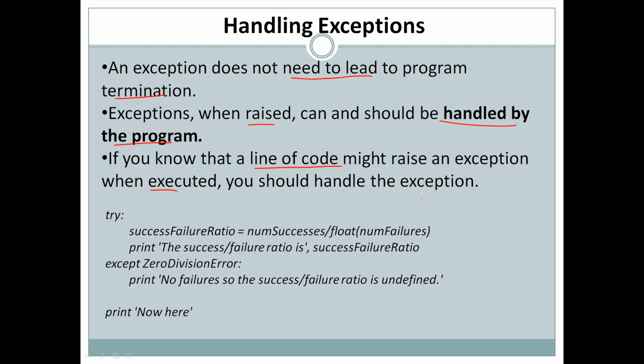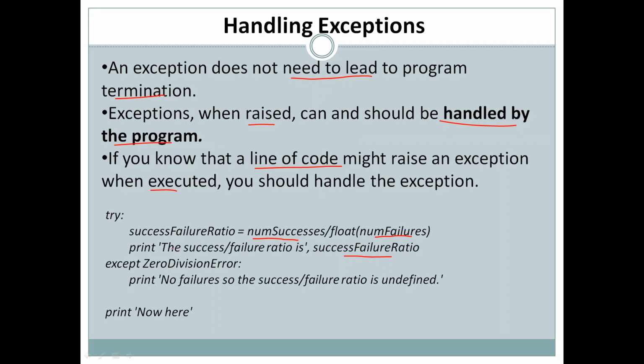Now look at this example. The code here is: success failure ratio is equals to number of successes divided by number of failures, that is converted into float. Then we are printing the success failure ratio is, success failure ratio, the variable name.